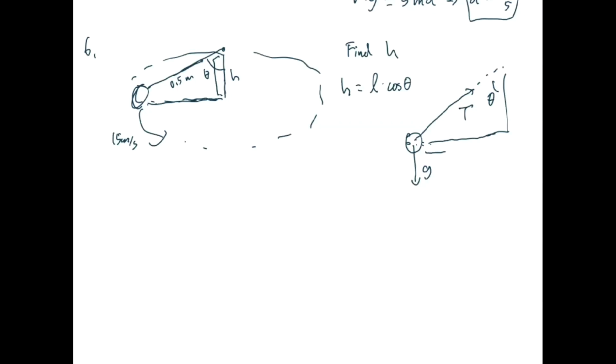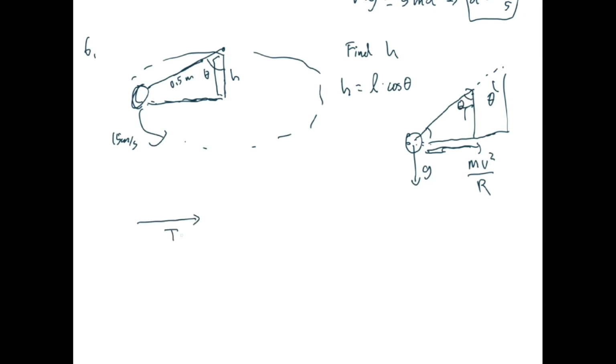And since we know that it's moving in a circle, we need the sum of these two forces to go inwards and have a magnitude of mv squared over r. And what does this mean? Well, if we draw a triangle here, first of all, let's decompose T into its components.